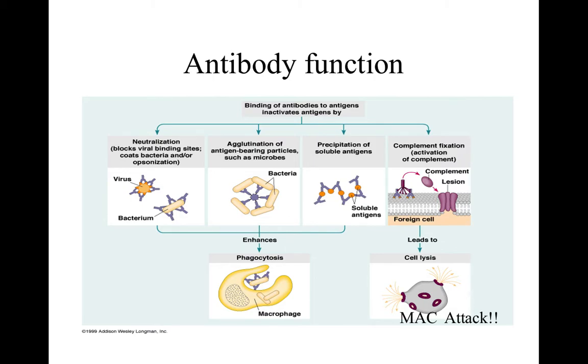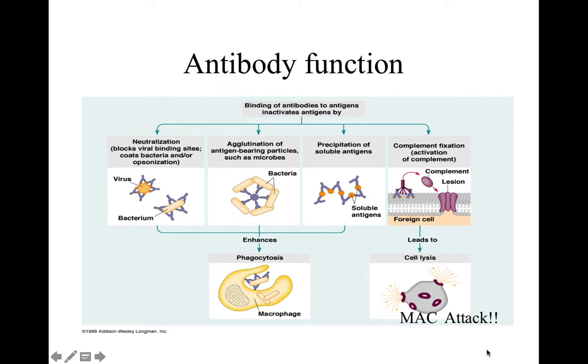And you guys remember, with complement activation, all of the advantages. We make inflammatory mediators, we make chemotactic factors, we make more opsonins, right? And very importantly, we're going to make those membrane attack complexes, right? The activated complement proteins insert into the lipid bilayers, causing holes, right? So that can cause direct lysis of cellular organisms.